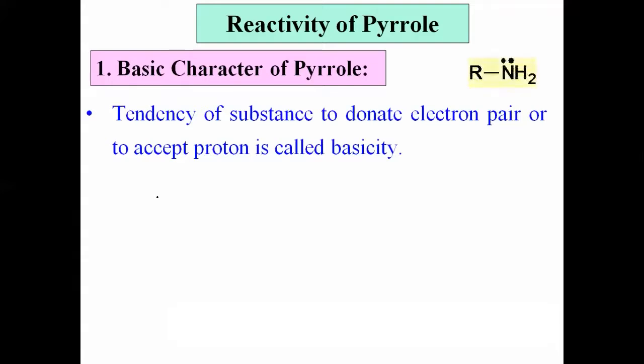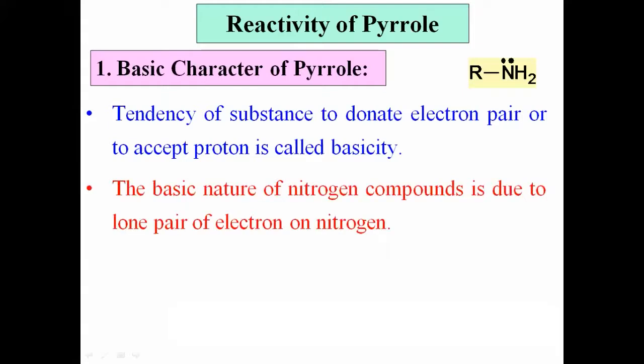Now consider the example of a primary amine. Here also nitrogen has a lone pair of electrons, and this compound can donate this electron pair to another substance, or it can accept a proton, and therefore it is basic in nature. Why is a primary amine basic? Yes, it has a lone pair of electrons. The basic nature of nitrogen compounds is due to the lone pair of electrons on nitrogen.